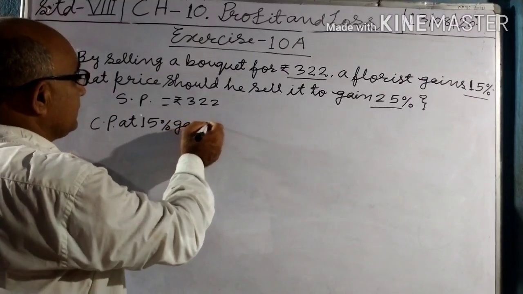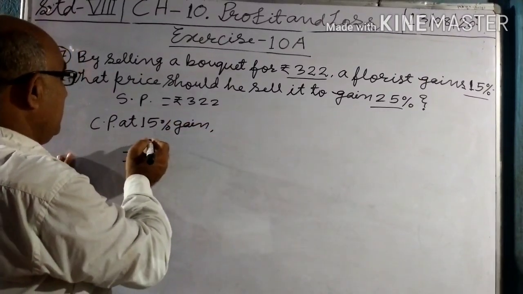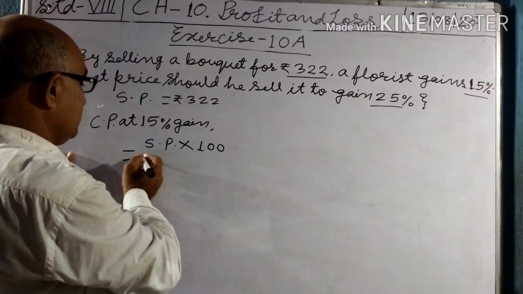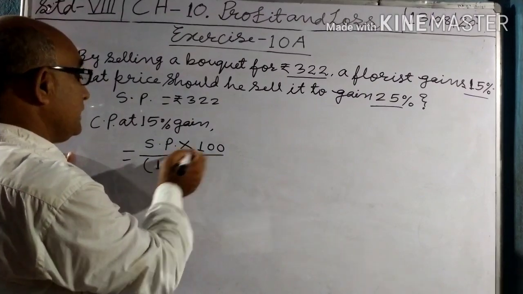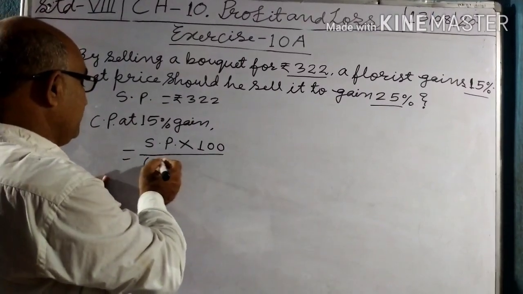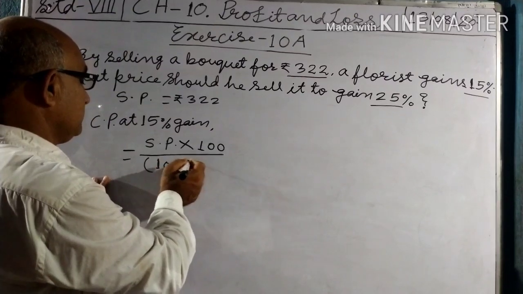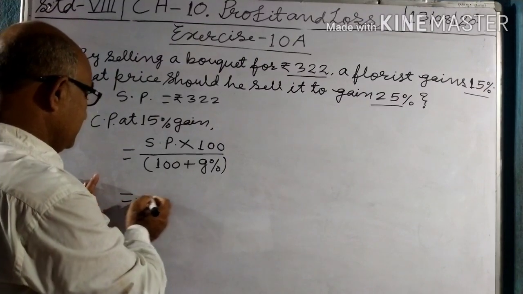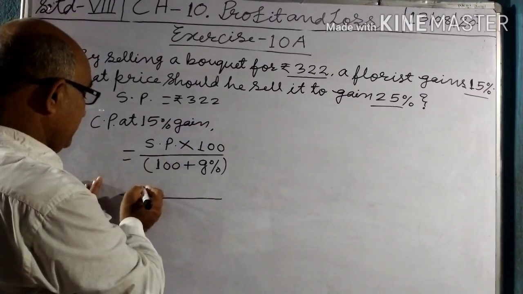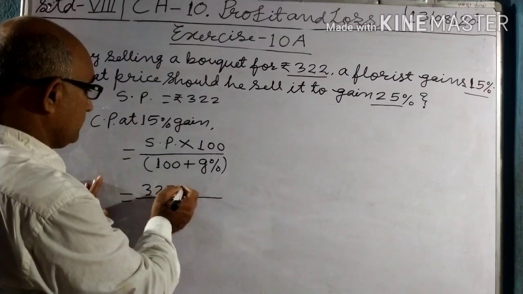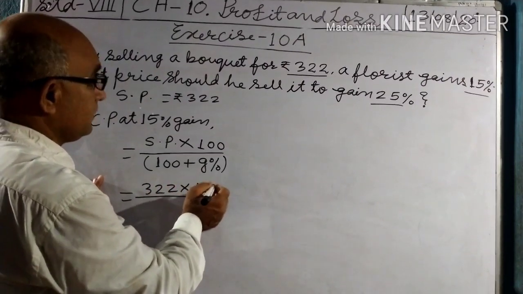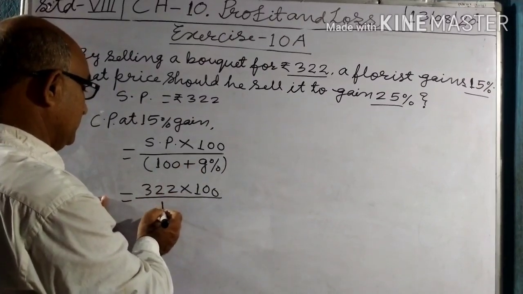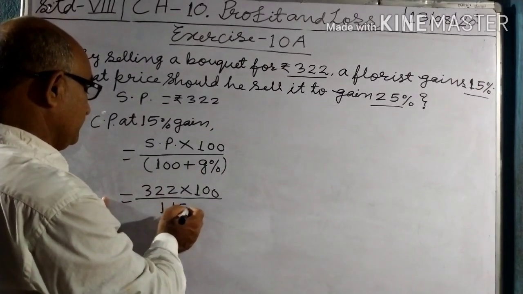Formula: SP into 100 by 100 plus gain percent. SP 322 into 100, gain 15%, so 100 plus 15 equals 115.